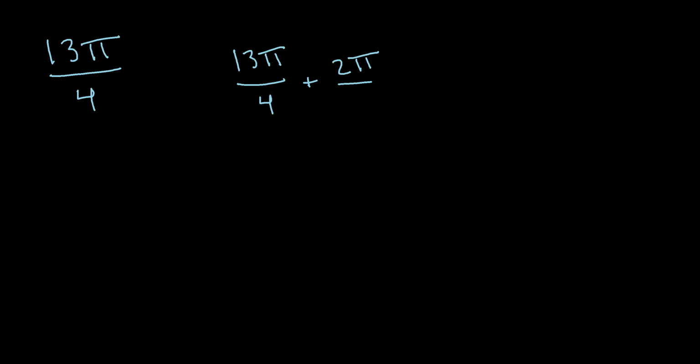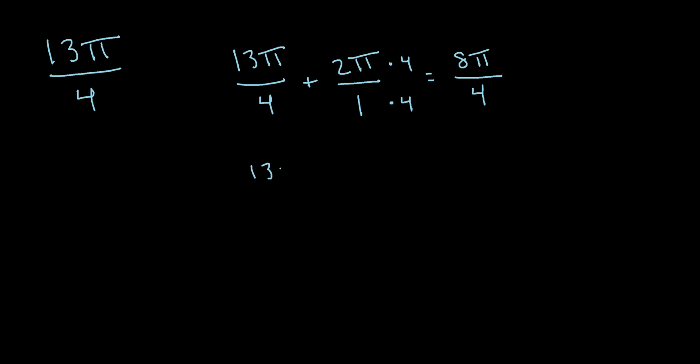When we have 2 pi, it's easier to write it as something over 1. When we add fractions, we need the denominators to be equal. So how can we make this fraction have a denominator of 4? Well, just multiply the numerator and the denominator by 4. So this will be 2 pi times 4, that's 8 pi, and in the denominator, we have 1 times 4, that's 4. So really what we can do is 13 pi over 4 plus 8 pi over 4.